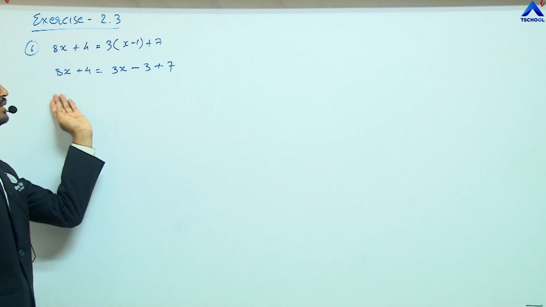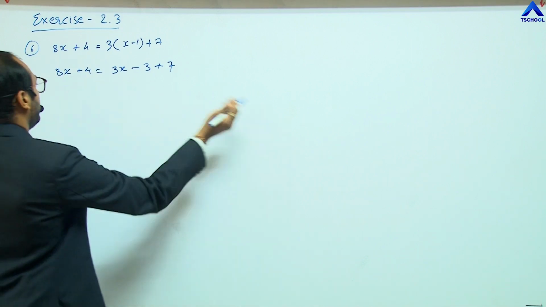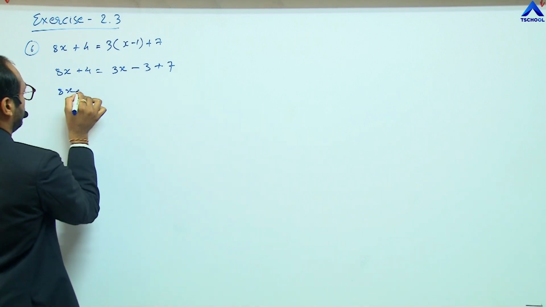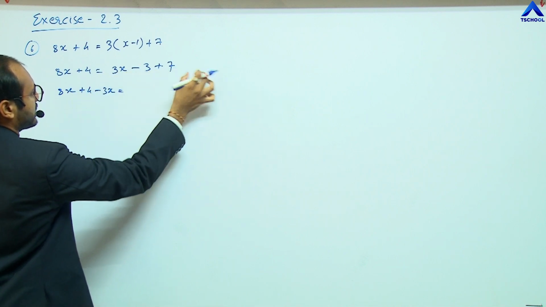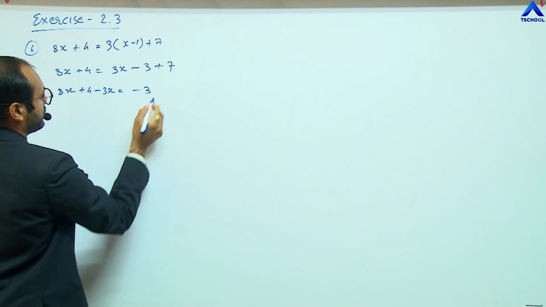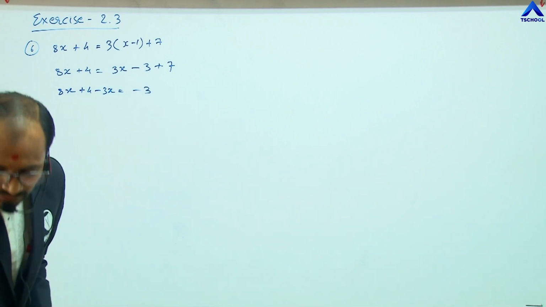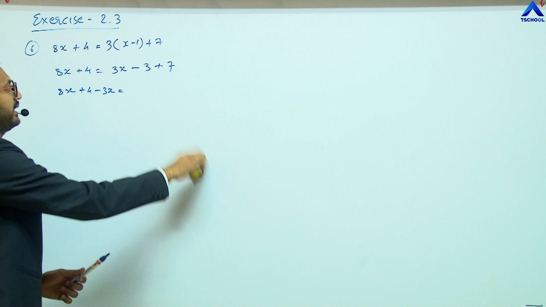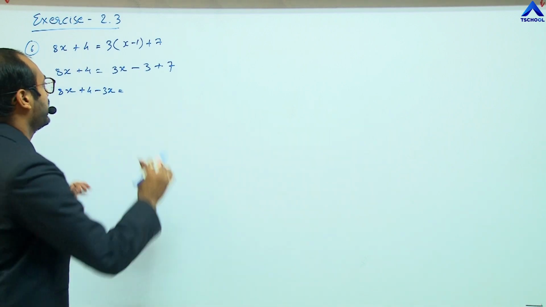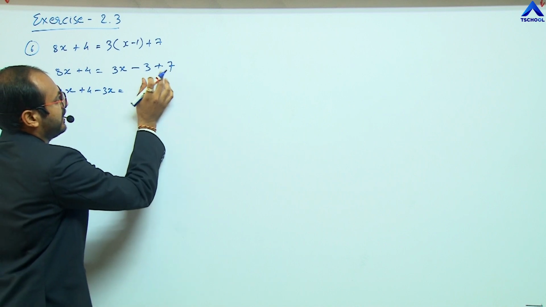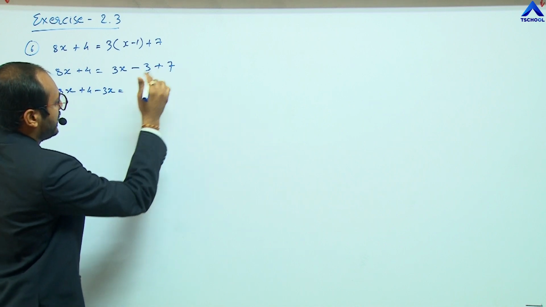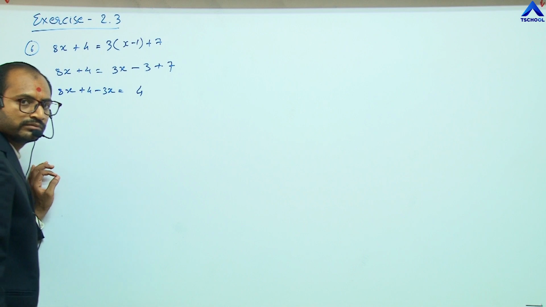Now it is so simple to solve. Subtract 3x on both sides. Here plus 3x minus 3x gives 0. Let me solve it directly. Plus 3x and minus 3x became 0. And here minus 3 plus 7 gives 4.